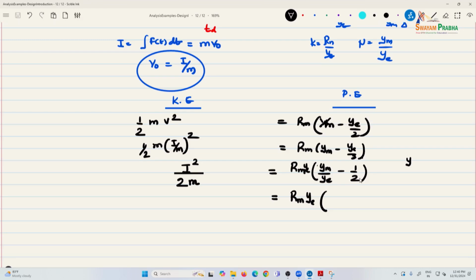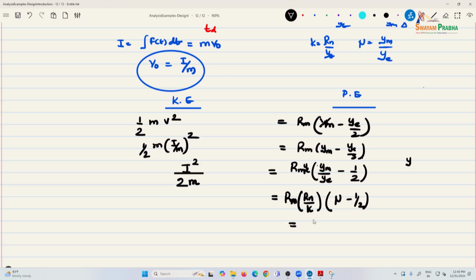So that's how I will get 1 over 2. So if I take ye out, I get Rm ye. So now Rm multiplied by ye is k. You have here Rm divided by k. So what's that? Multiplied by here, mu minus 1/2.